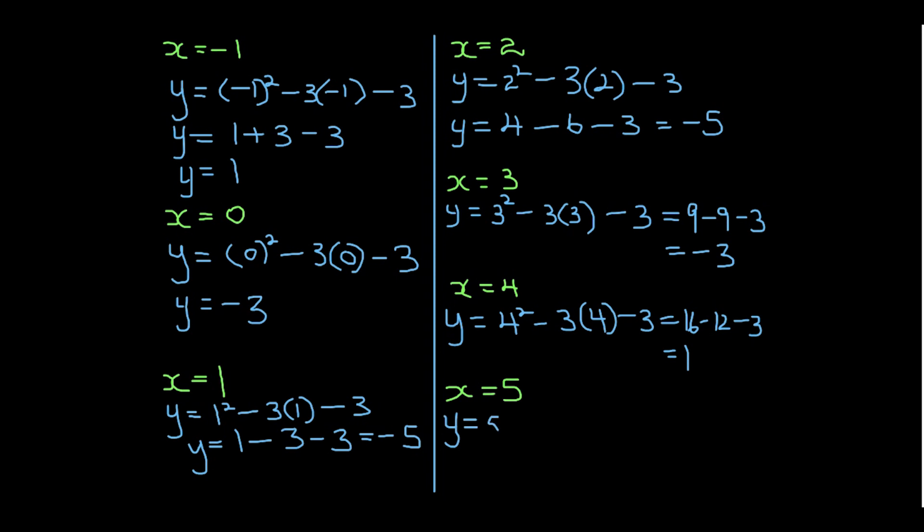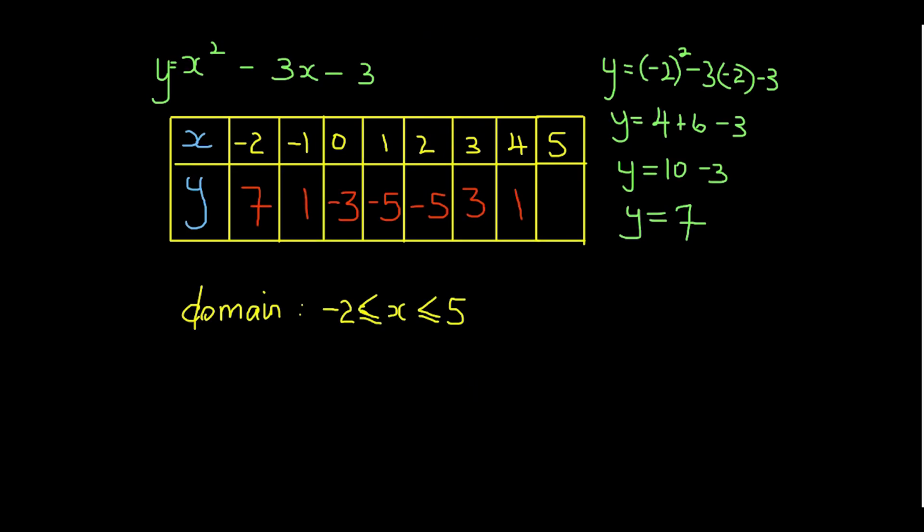So working out the final one, let's just make sure that we get the correct thing. So 5 squared minus 3 by 5 minus 3. And yes, you'll get 7, because 25 take away 15 is 10, and 10 take away 3 is 7. Alright, so there we go. We get all the values.